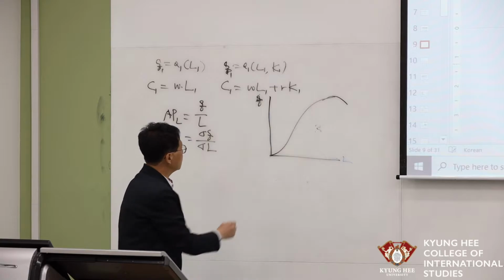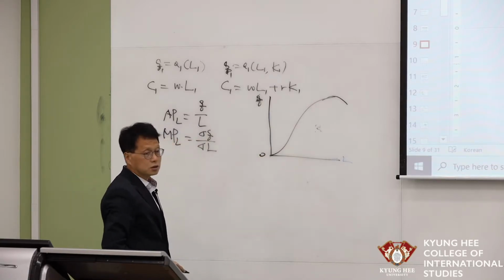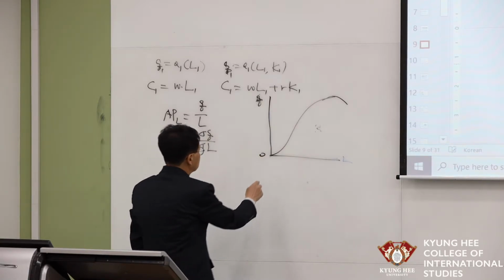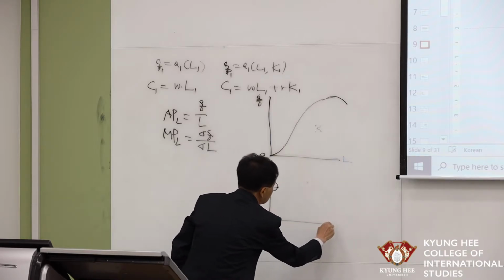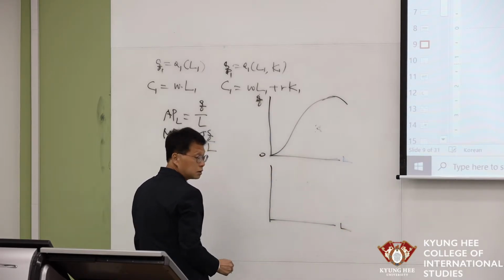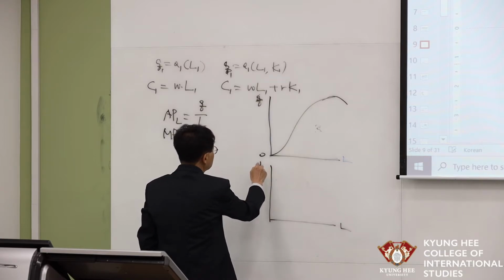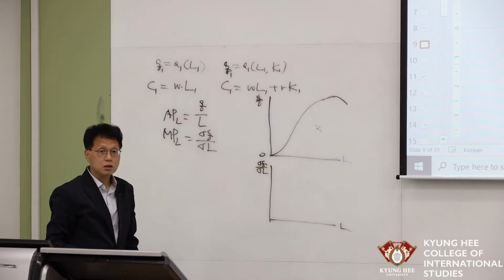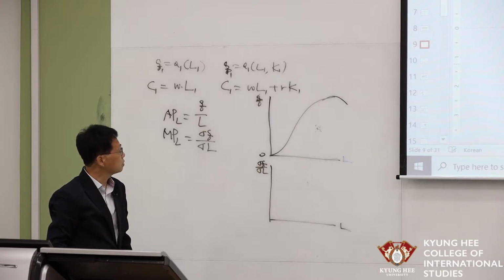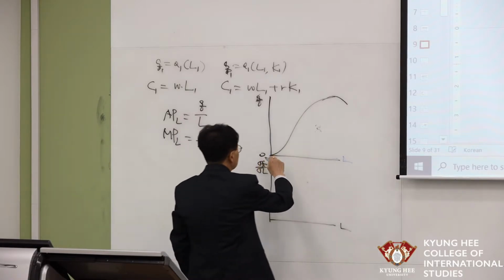Then from here we can calculate average product and marginal product. How? First think about marginal product. The x variable is the same L. The y variable is change in Q over change in L, right? That is the changing rate of the production function, the slope of the production function. So like this.